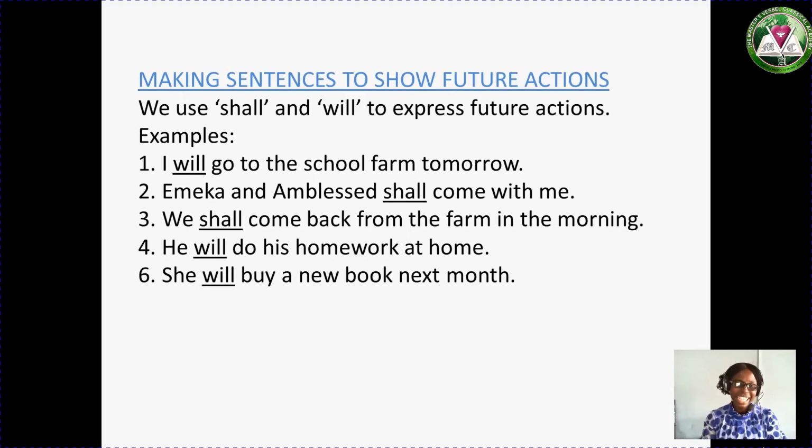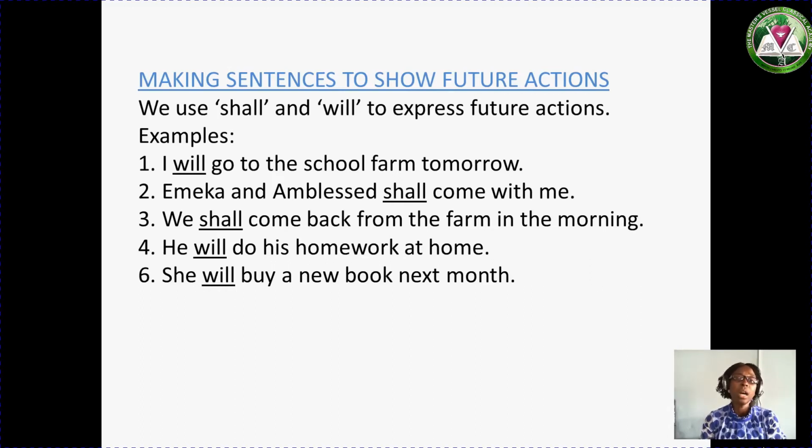All right. Now let's see some examples. Making sentences to show future actions. We use shall and will to express future actions. Yes, examples. Number 1, I will go to the school farm tomorrow.